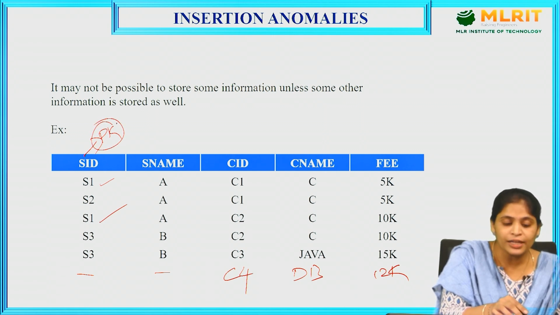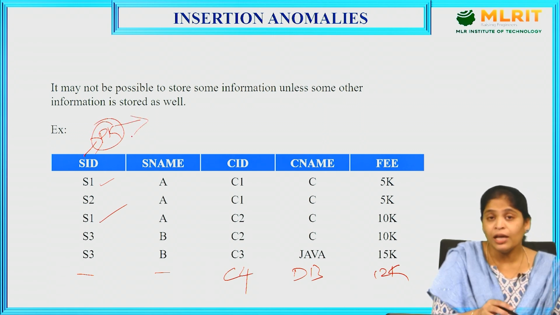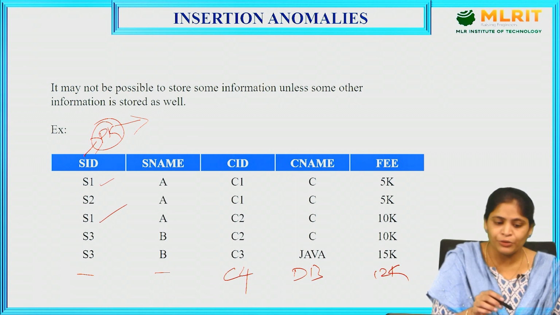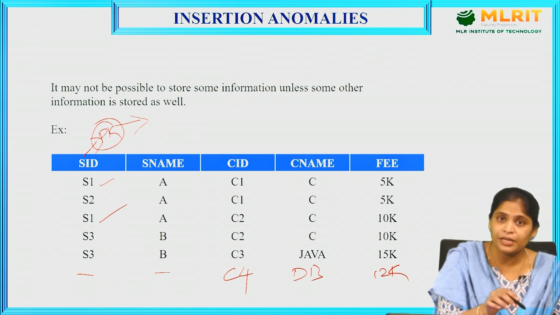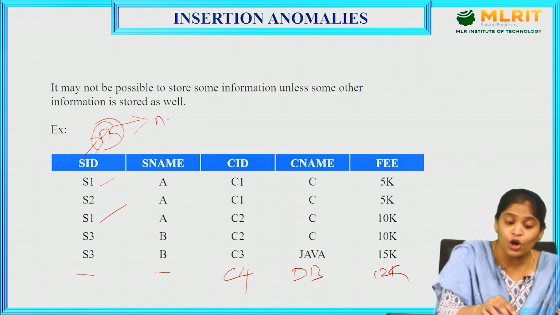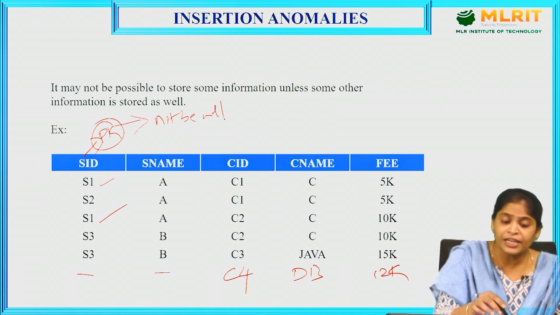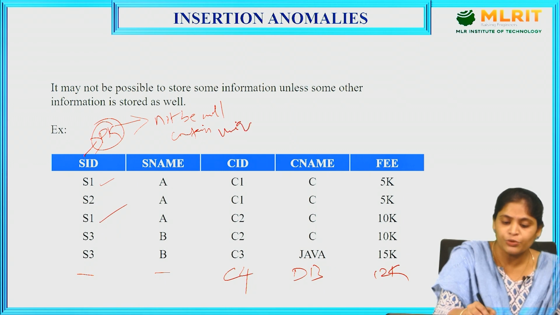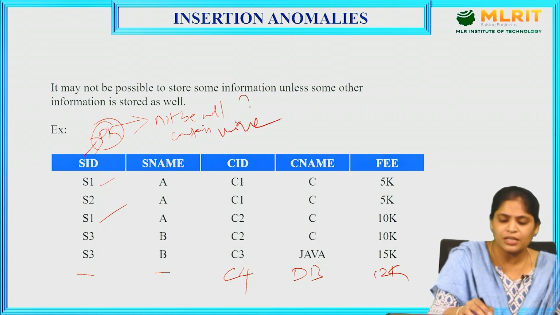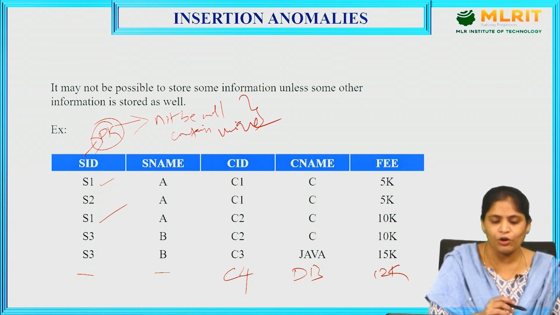We know that if a column or an attribute has been represented as primary key, then it must not be null, and it must contain unique values. So these are the two constraints that we follow.